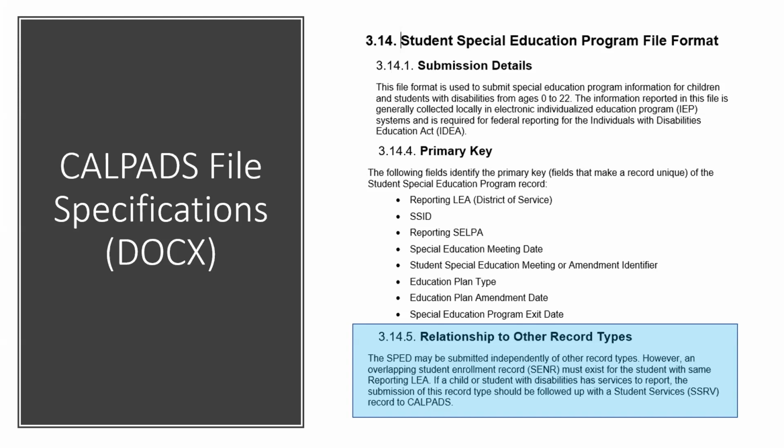It reads, the SPED or special education program record may be submitted independently of other record types. However, overlapping enrollment records, the SENR, must exist for the student at the same reporting LEA. If a child or student with disabilities has services to report, the submission of the record should be followed up by the student services record in CALPADS.